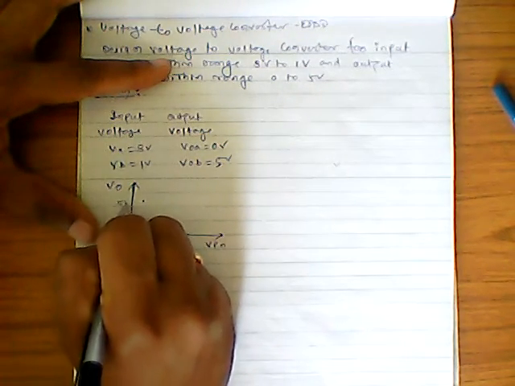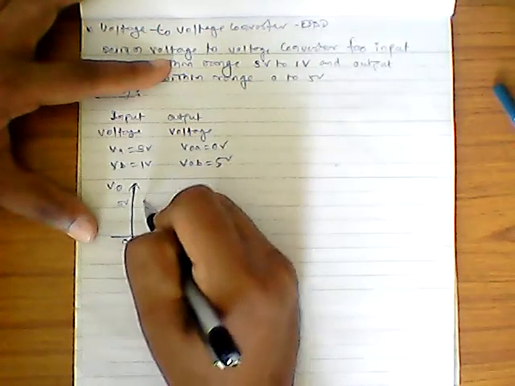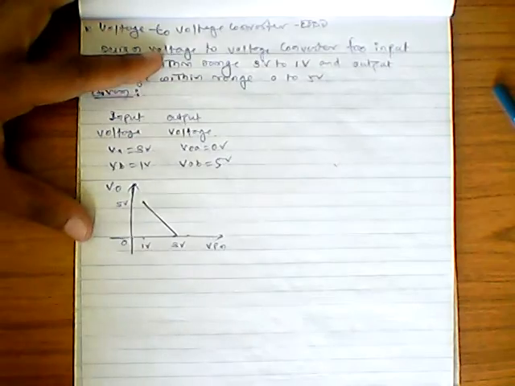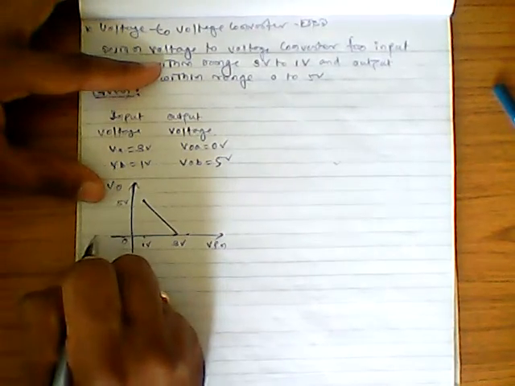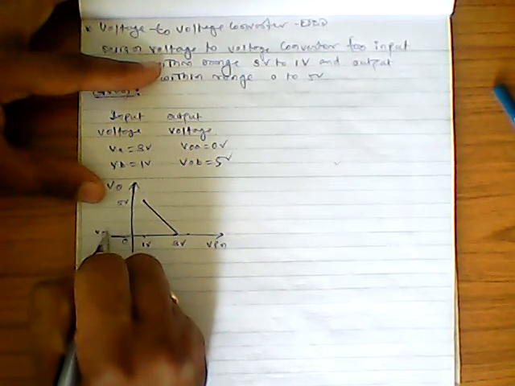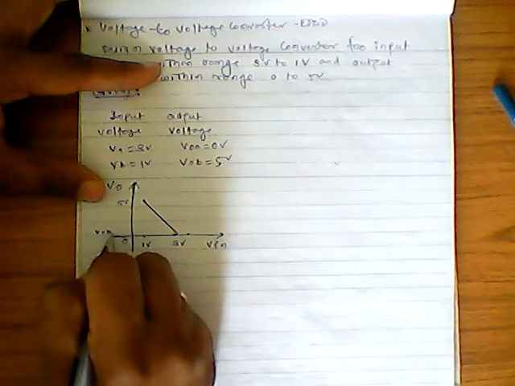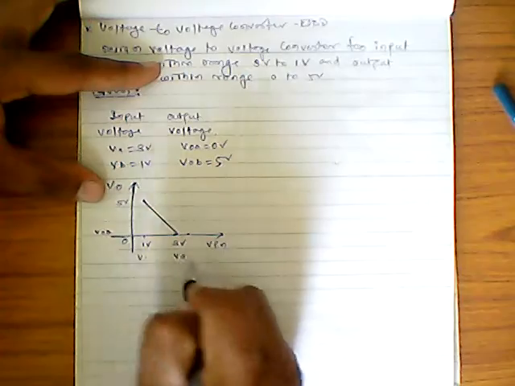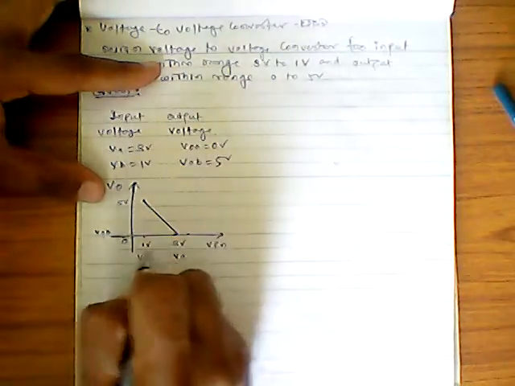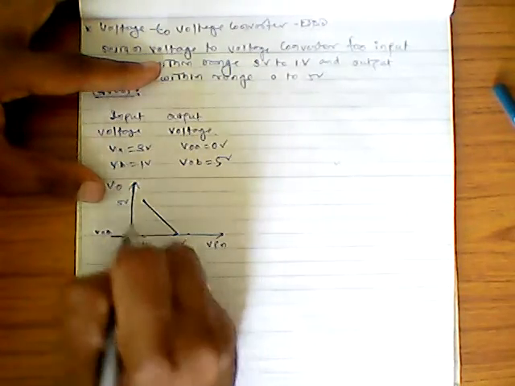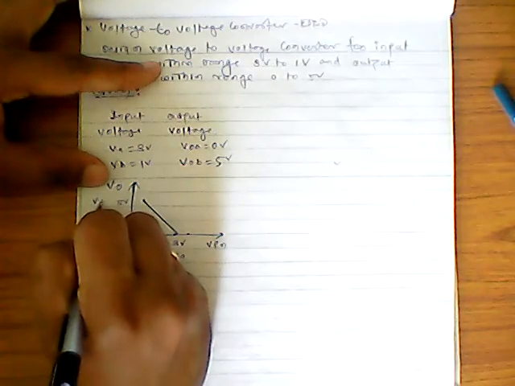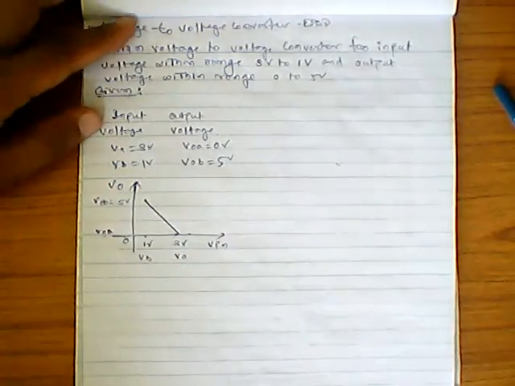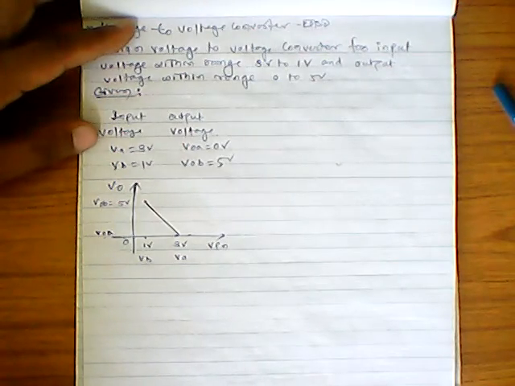This is VOA, this side our VA, this is our VB, this is corresponding VOB. So we have to design the circuit for this.